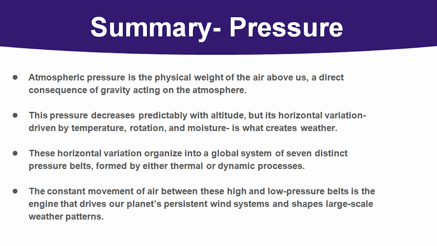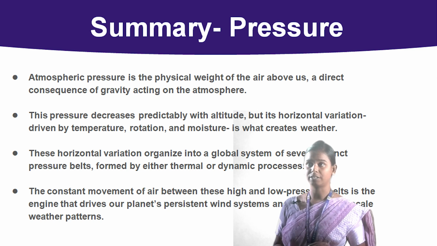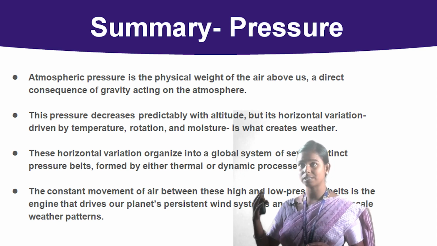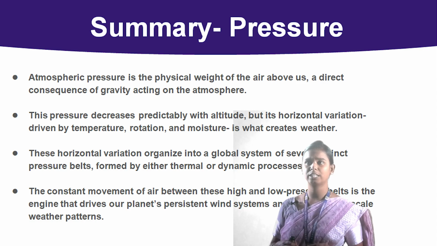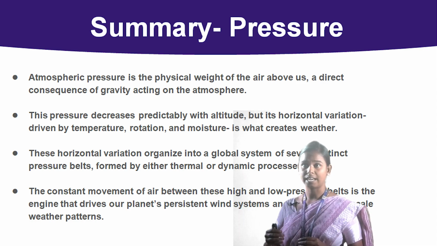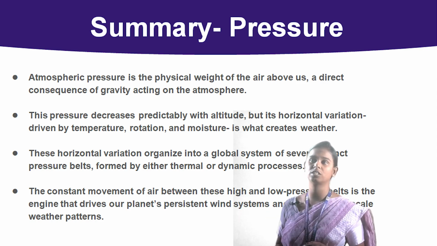Okay, the summary of atmospheric pressure. Atmospheric pressure is the physical weight of the air above, a direct consequence of gravity acting on the atmosphere. This pressure decreases predictably with altitude, but it's the horizontal variation, driven by temperature, rotation, and moisture, that creates the weather.